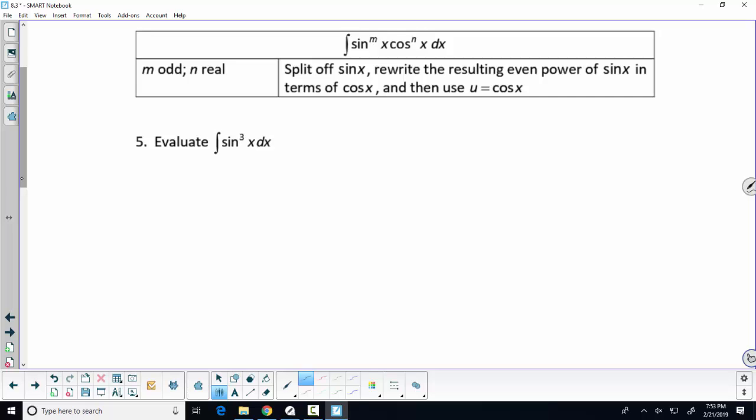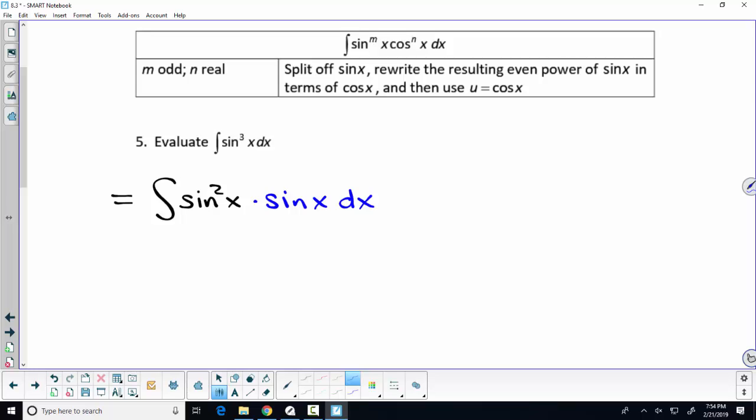Cosine to the 0th power is still a real number. So we have an odd power of sine. We need to split off a sine x. What we're splitting off, put with your differential dx. That will always give us insight as to what our u substitution needs to be.